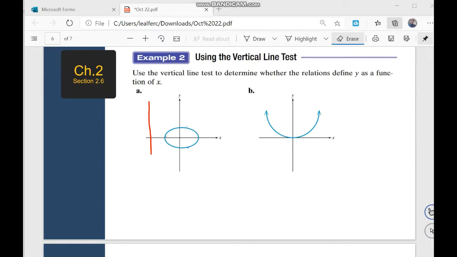So draw a vertical line here and here, a vertical line here and here and here and here. And here the same thing. I'm assuming this graph, see the arrows, kind of looks like this, goes like this. So I'm going to draw vertical lines.